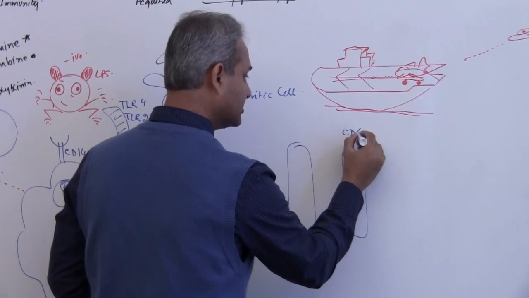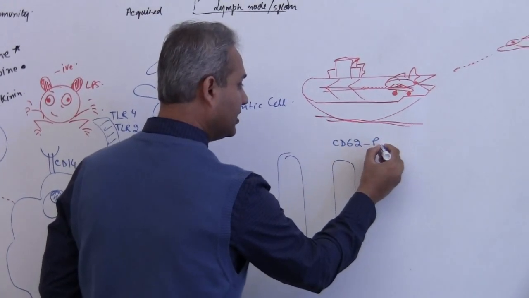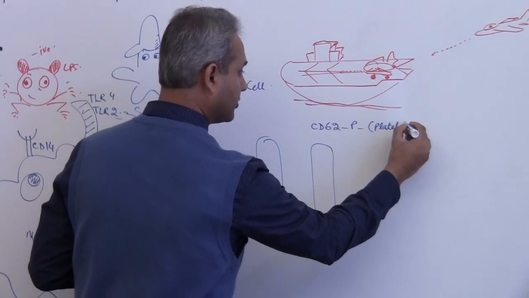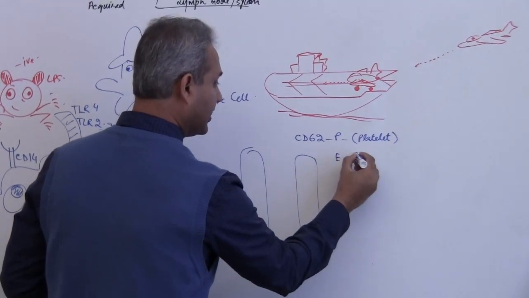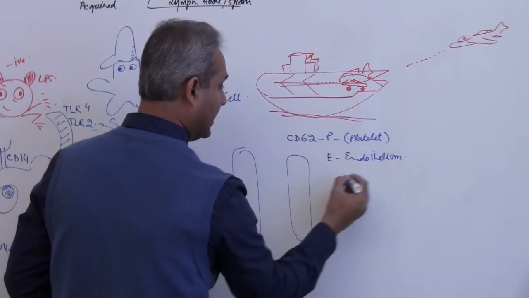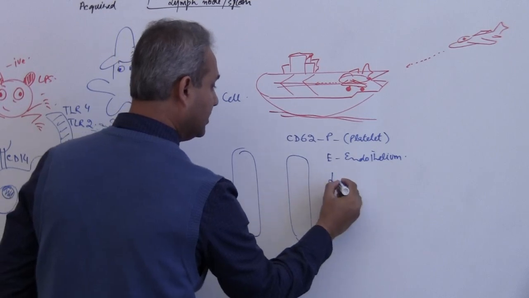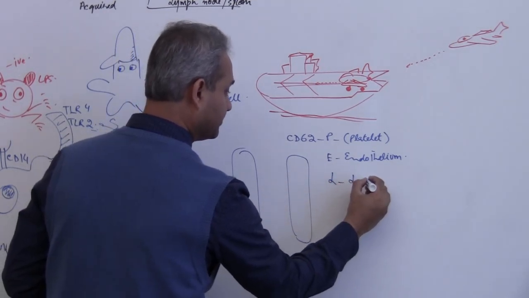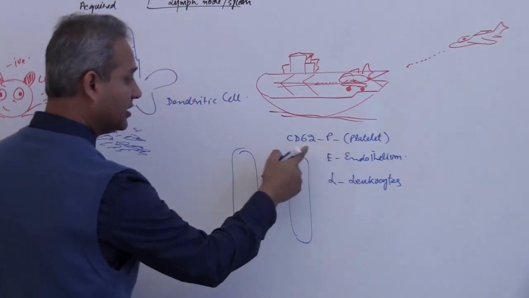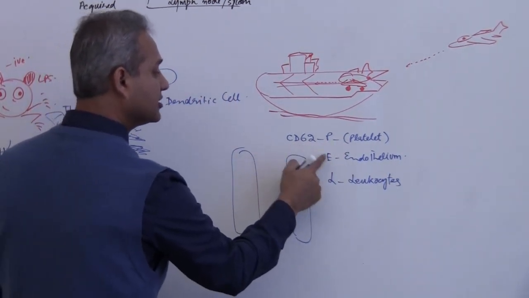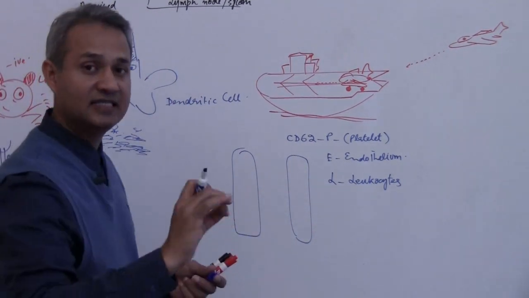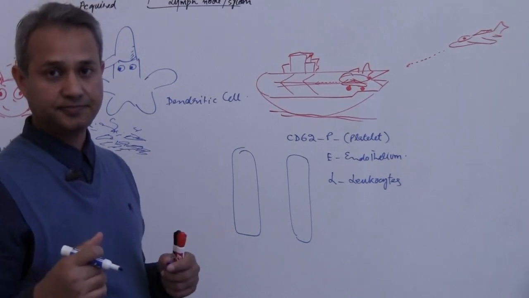So these are called CD62, P for platelet, E for endothelium, and L for leukocyte. So we say CD62P, CD62E, CD62L. What these are, are P-selectins, E-selectins, and L-selectins.